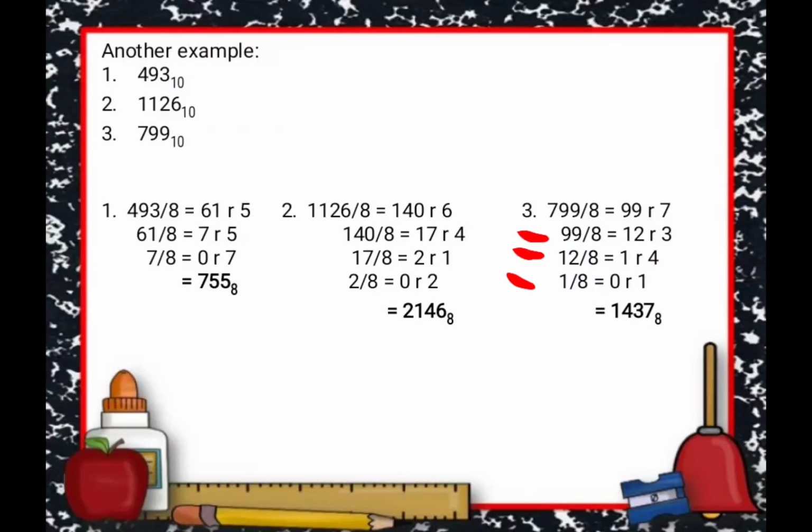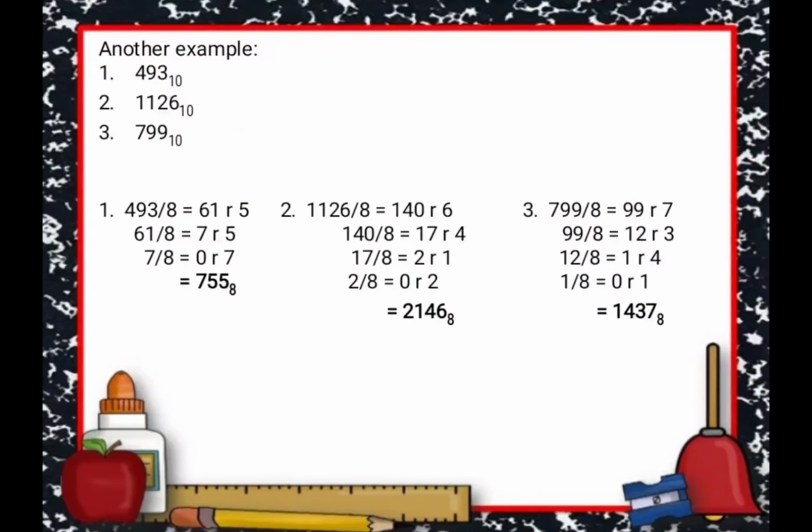And 1 divided by 8 is equal to 0 with the remainder of 1. So same process, list all the remainders from bottom to top. So we come up with the octal number 1437 with a base of 8. So that's it.